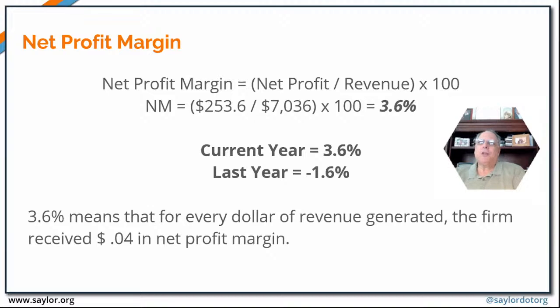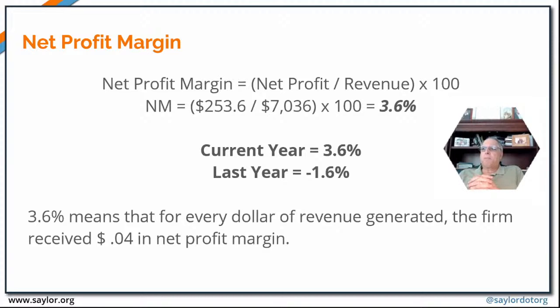What should the margin have been based on the economy, the marketplace, competition, our products and services? It's a question we should spend some time on if we're really going to be effective and efficient in managing our businesses. Now, the 3.6% net profit margin here means that for every dollar of revenue we generated by selling our products and services, we received about 4 cents in bottom line net profit.